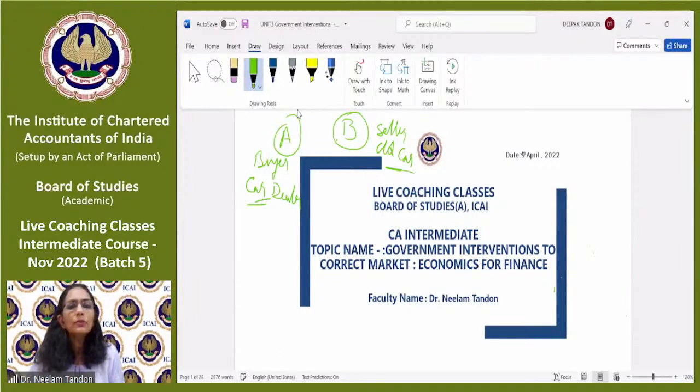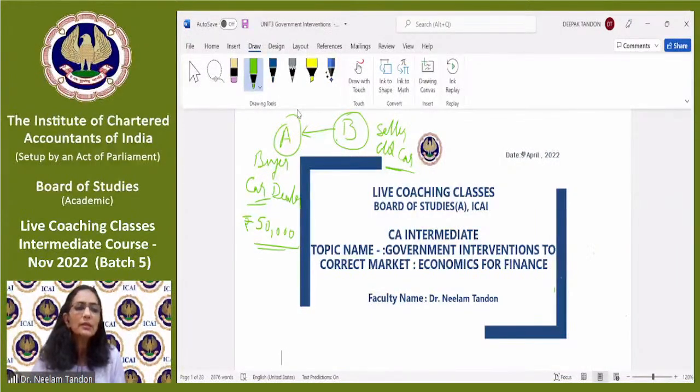Now, this seller knows about his or her old car better than the buyer, isn't it? Let's say the car met with an accident and the seller hides it from the car dealer. The car dealer thinks these are old cars, so the value is less, and quotes a price, just an assumption, of 50,000. Don't be disheartened for a second-hand car, it's just an assumption.